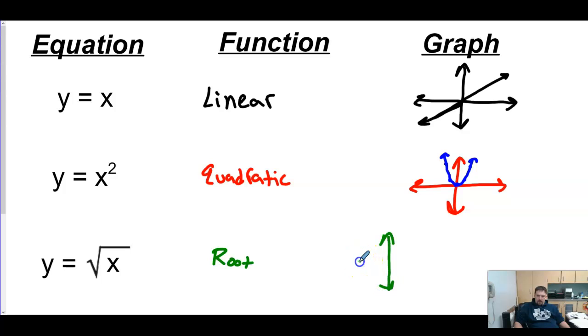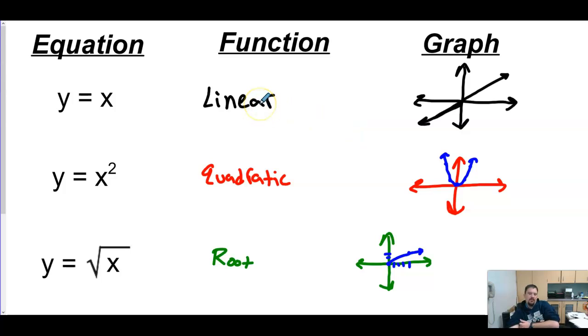Alright, so we have a root function. To help us with some main points, think about what's the square root of 0? Well, that's 0. What's the square root of 4? Well, that's 2, so I can go over 4 up 2. And then it's just kind of this small little curve-like graph right here. So there is my root function.